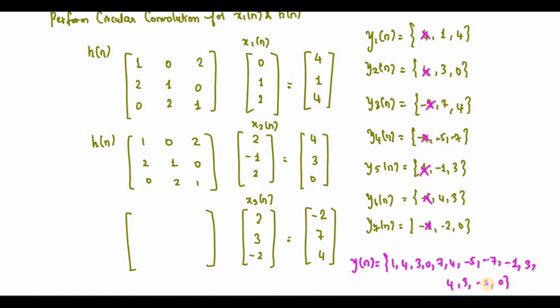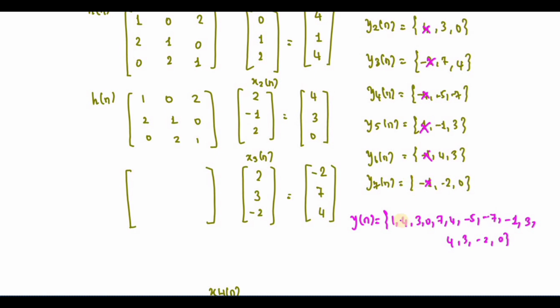So, you should have 13 values, right? 0, 1, 2, 3, 4, 5, 6, 7, 8, 9, 10, 11, 12. So, you have to discard this 0. Okay. So, my final answer is this one.